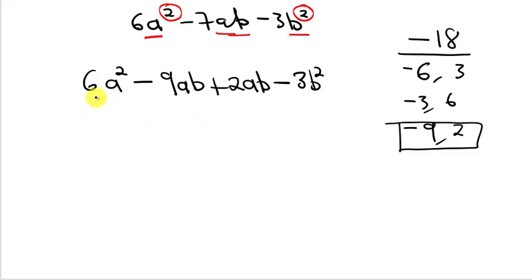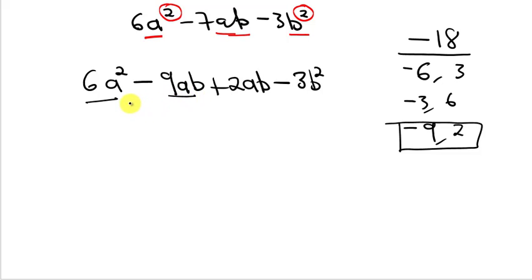For the first two terms, 6a squared minus 9ab, what is the common factor there? Can you guess? Yes, the common factor is 3a, because 3 goes into 6 and 3 goes into 9, and we have a squared here and a also here.